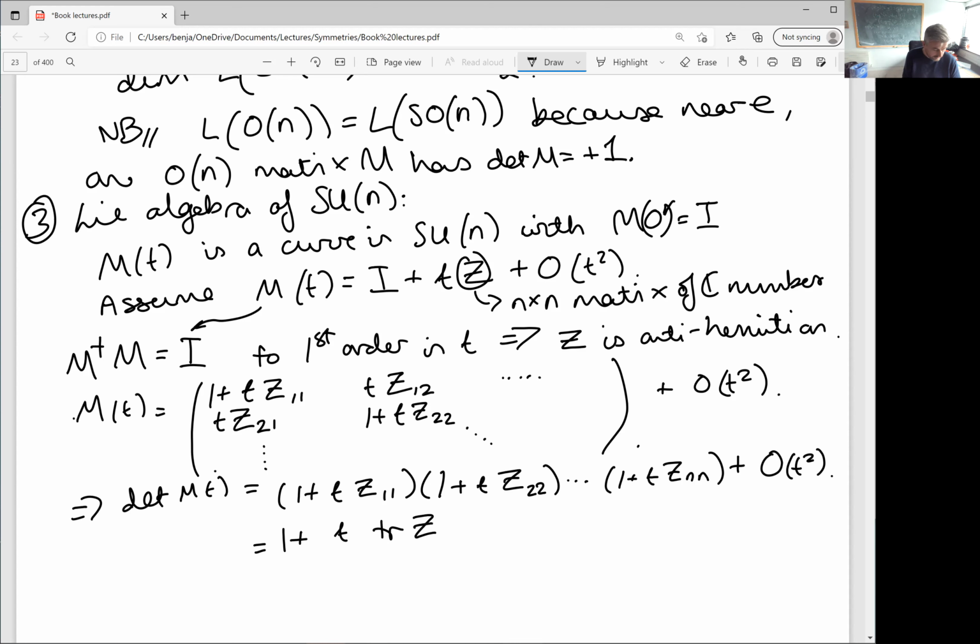Okay, so the fact that it's a special unitary matrix means that the determinant of M is 1 for all T. So this implies that the trace of this matrix Z must be 0.